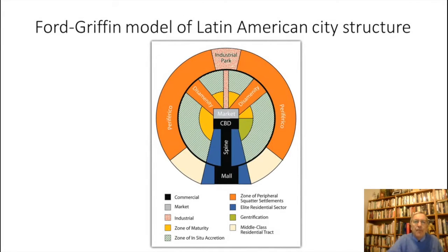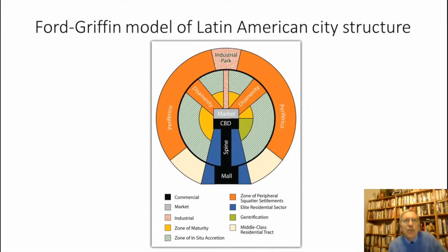The zone of maturity, we won't go into all these categories, but maturity of course would mean the older city. That would be like the zone of retreat or the zone of decay we talked about on that other diagram. Although there is always, and you see the lime green color, and hopefully these colors are showing up reasonably well on your video, that's gentrification.